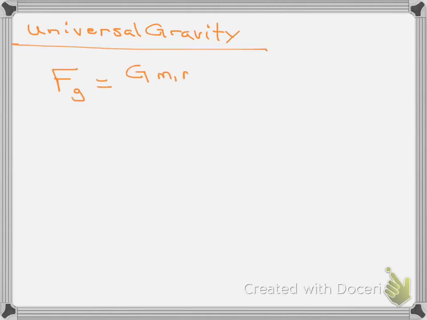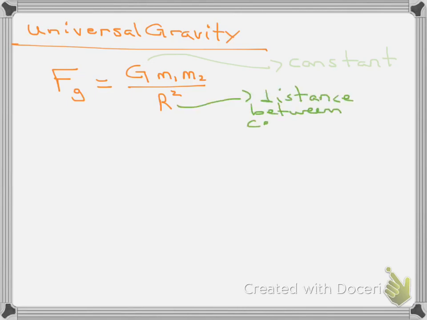Newton's law of universal gravity is written mathematically as G, which is the universal gravitational constant, times the mass of the two objects involved, in this case the Earth and the moon, for example, divided by the distance between the centers of the two objects squared.